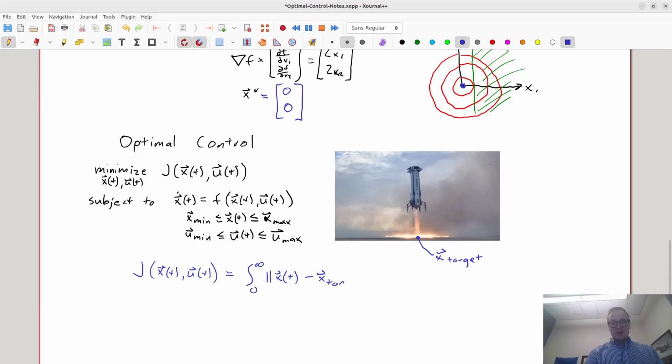And these double lines are just a norm, so it could be like the 2 norm for instance. So you'll want to get close to the target.